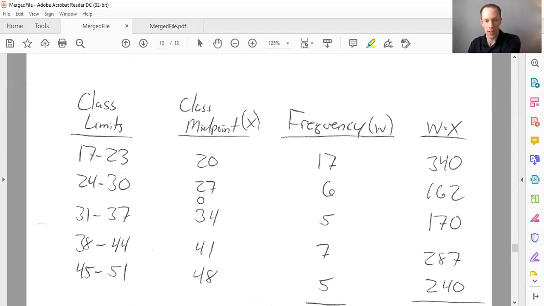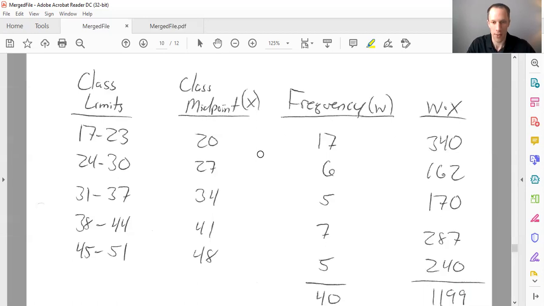So I'm going to put the number 27 in my data set 6 times. And then for the 5 numbers that were between 31 and 37, you would say my best guess is 34, and you'd put 34 in the data set 5 times. If you added all those numbers up and divided by 40, that would be an approximation for the mean. That's essentially what this weighted average calculation is doing when you apply it to a frequency distribution.